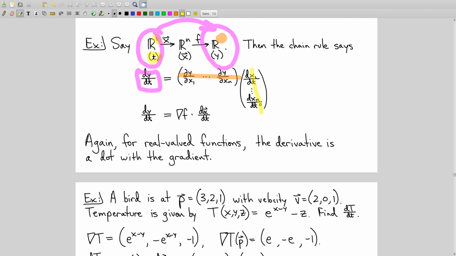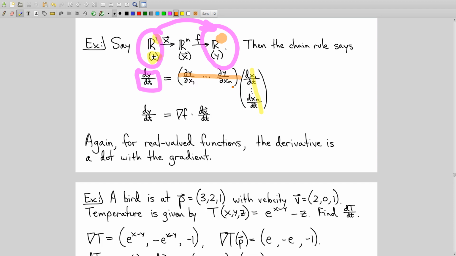Now, something else kind of cool happens here, and that is that you can look at this left derivative matrix and notice that this matrix vector product, as I have it written here, is morally a dot product, right?